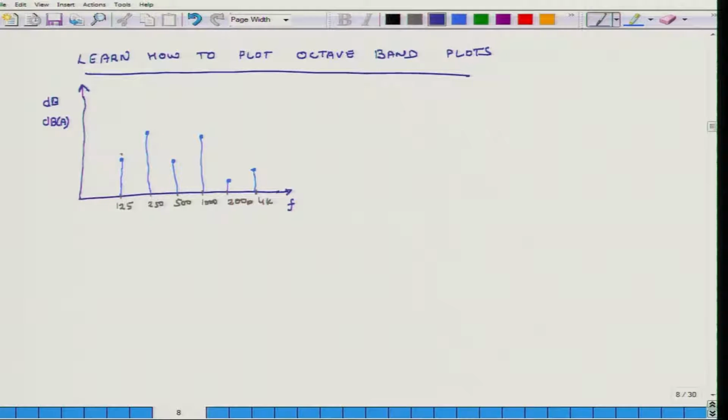Consider this point A. What does this point A mean? For the moment let us just consider that this is a plot for decibels, not dBA.